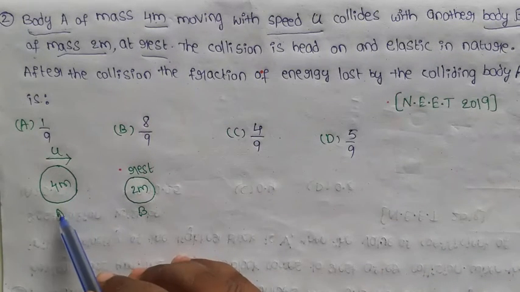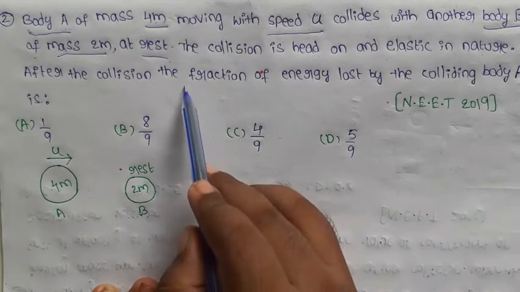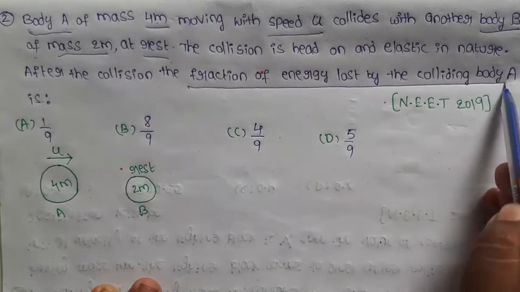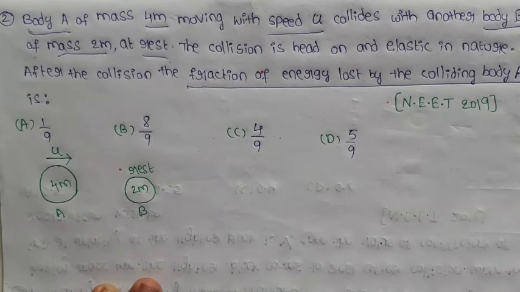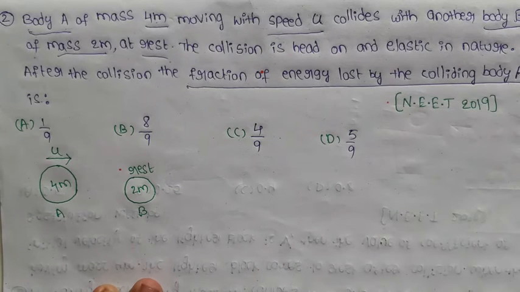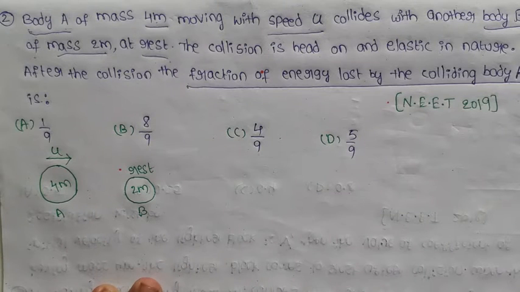Here object A collides with object B. We are going to find the energy lost by the colliding body A. To find the fraction of energy lost, we need the kinetic energy. To find the kinetic energy, we need the final velocity of the body.